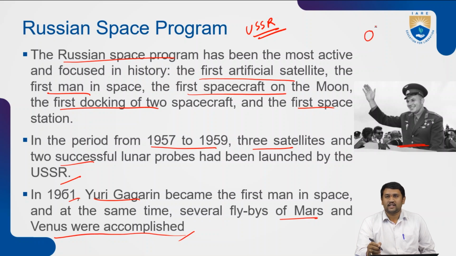Whenever you are sending an object to a celestial object, particularly a planet, comet, or any satellite, without being in orbit of the object, as well as without being in contact with that celestial object, it will be passing along, right? That particular condition is called a flyby.